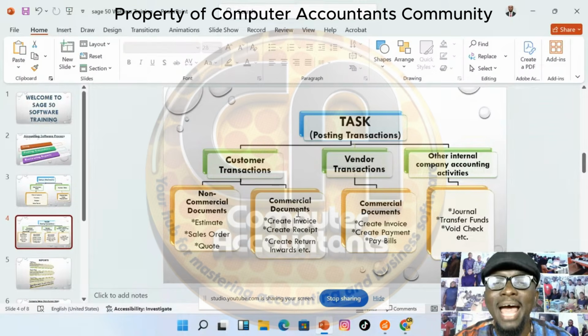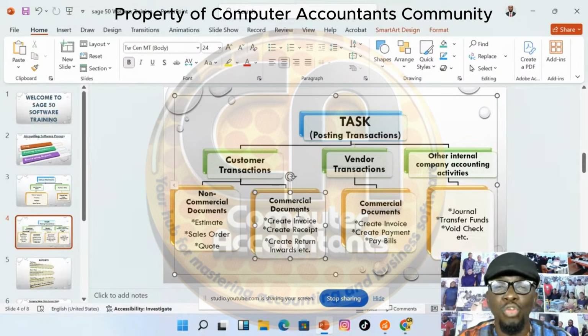Then you have the actual business document, which is the commercial document. Those are receipts, invoices, credit notes that you deliver to your customers. Those are called commercial documents because it is from there you can now debit and credit in your books of account.